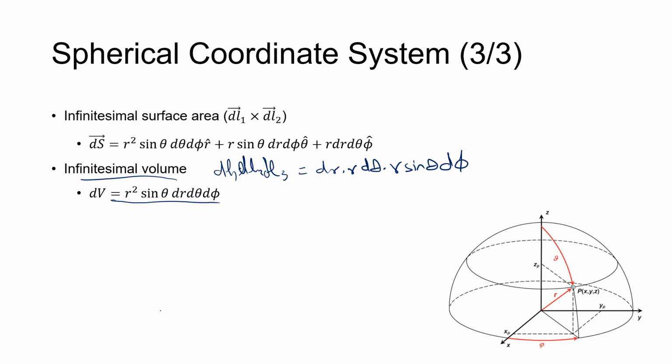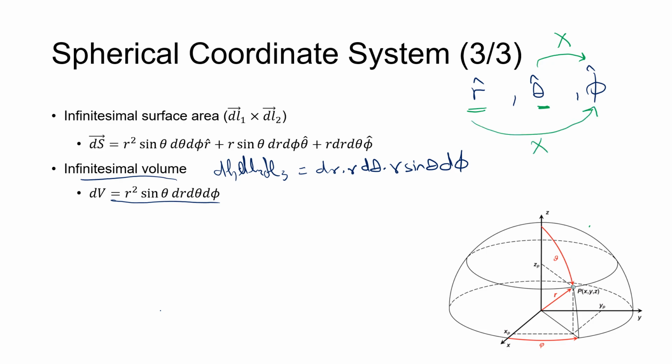In the case of delta S, I mean the infinitesimal surface area, you need to calculate in each direction. We have r, theta, and phi. If I want to calculate in r, I take the cross product of theta and phi. If I want to calculate in theta, I cross product r and phi.